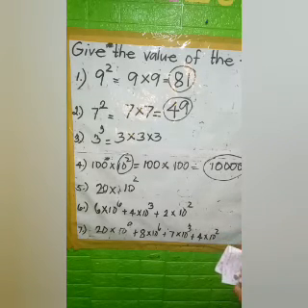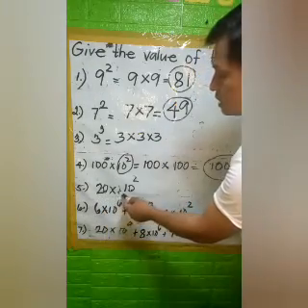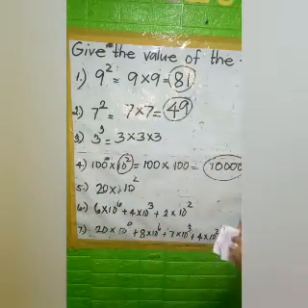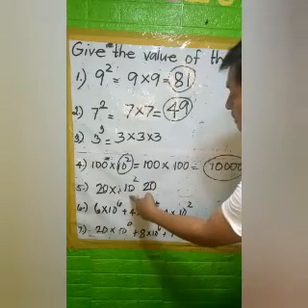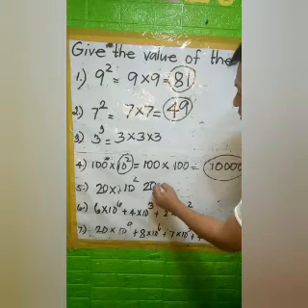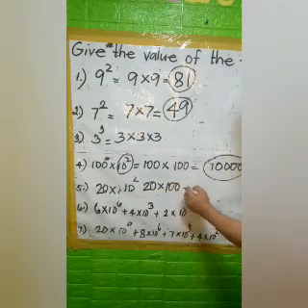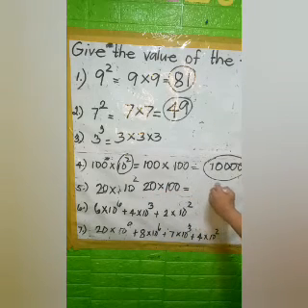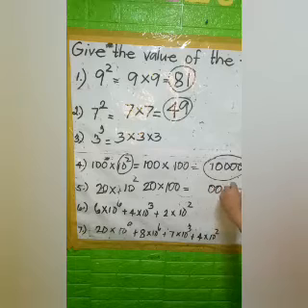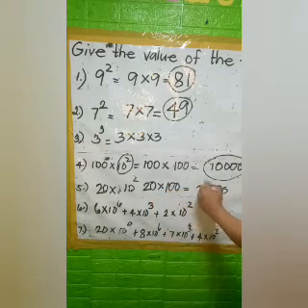Number 5. So I have here 20 times 10 squared. So expand it. 20. Then what is the product of 10 squared? So that is 100. Multiply it. So again, count the number of zeros. We have 3 zeros. Then multiply the remaining number. 1 times 2, that is 2.